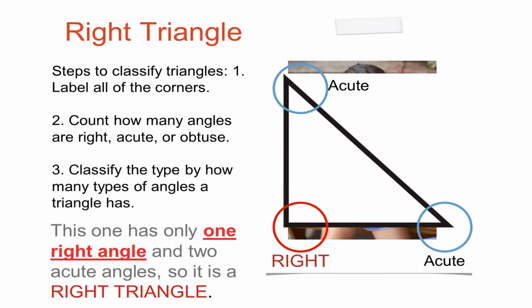Right triangle. Count how many angles are right, acute or obtuse. This one has only one right angle and two acute angles, so it is a right triangle.